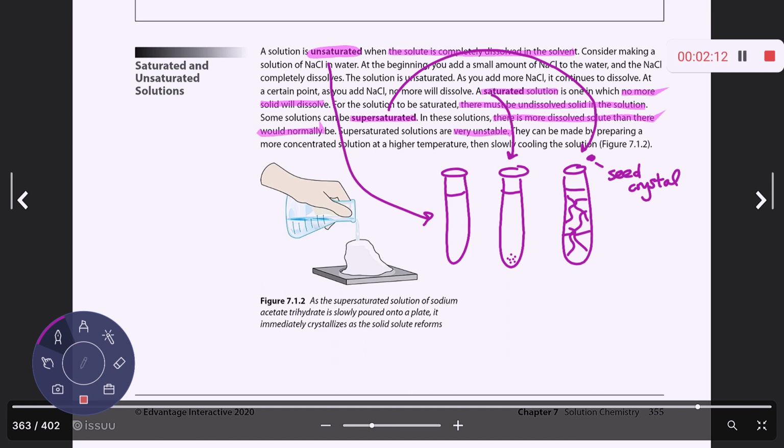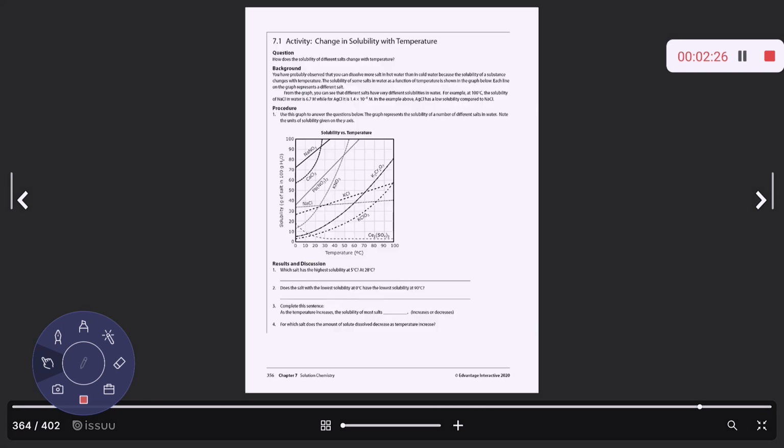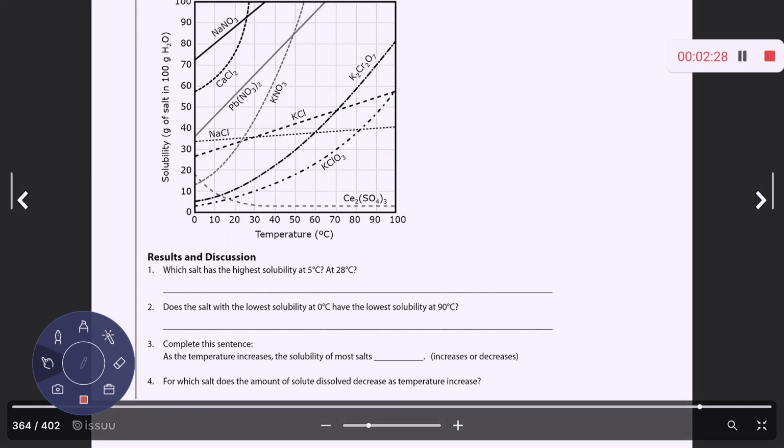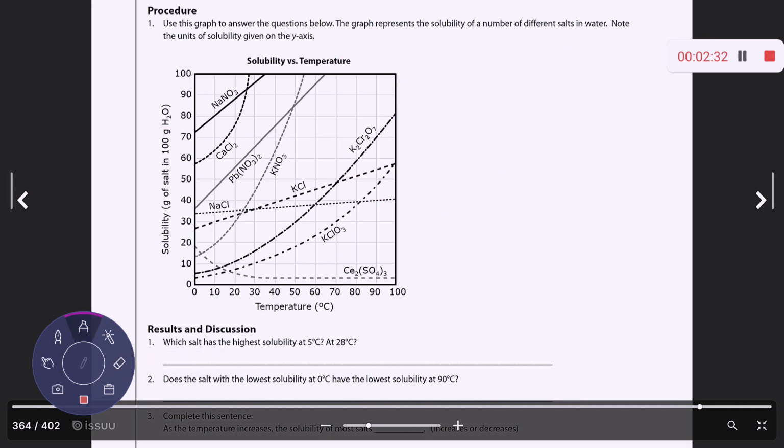Now, let's take a look at the table on the next page in the 7.1 activity, because you're often asked to interpret tables like this, and I just want to make sure you understand what it means. On this next page, they show you the solubility of various salts in water. A couple things you want to pay attention to.